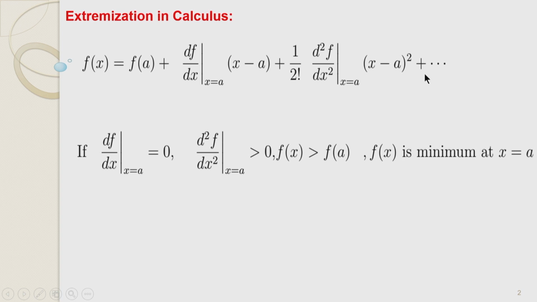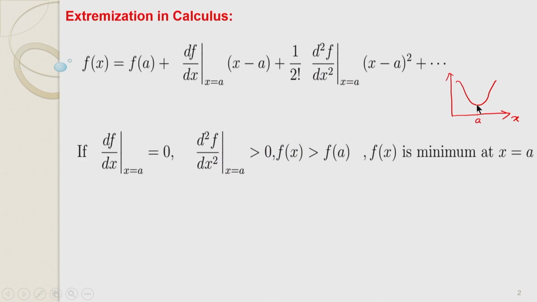Now, suppose we draw a function which is minimum at a certain point A. Now, we know from our ordinary calculus that at this point df/dx, the first order derivative, is 0, and also the second order derivative has to be greater than or equal to 0.